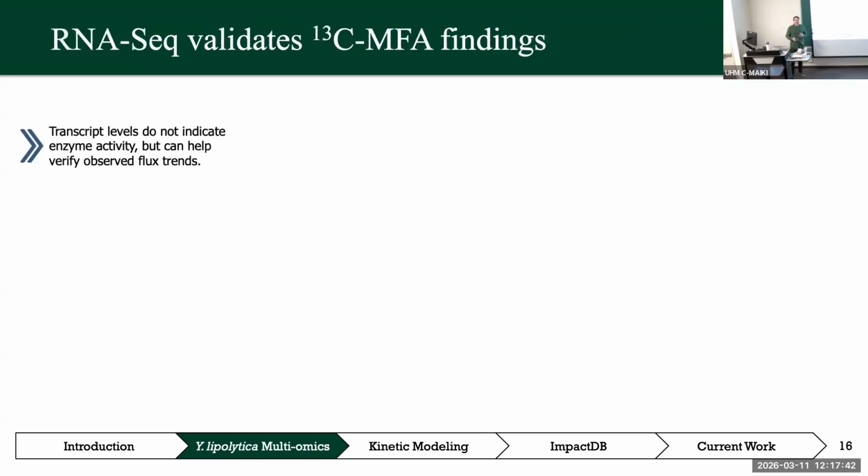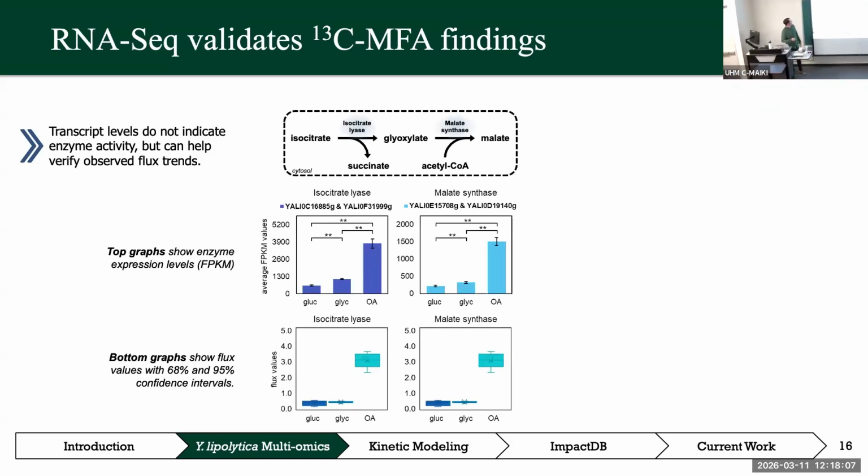Then we wanted to validate the 13C metabolic flux analysis findings with transcripts. It's important to note that it's not one-to-one. Just because there are high transcripts for a given reaction doesn't mean there's going to be a high reaction rate, because there can be regulatory steps, like allosteric regulation that would turn off that enzyme, but they should correlate somewhat.